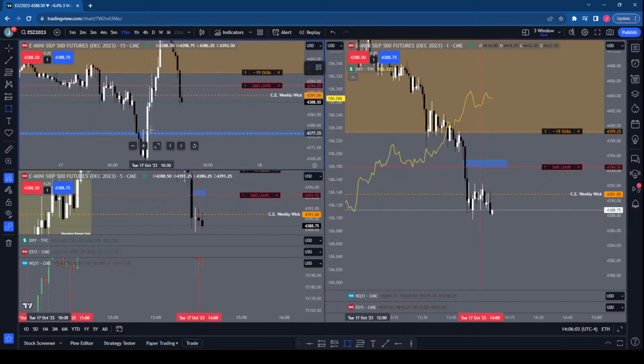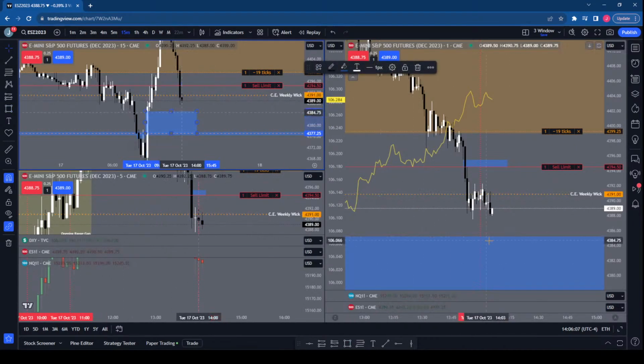I would also like it if it did not go into this, if it did not reach this area before it tapped into that.